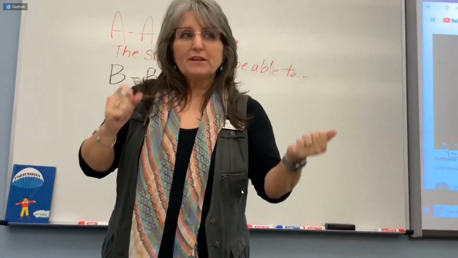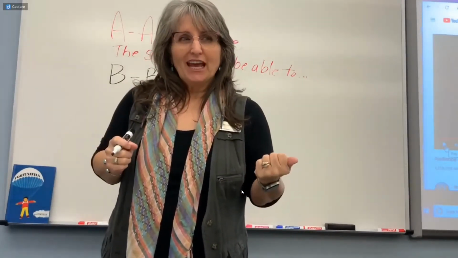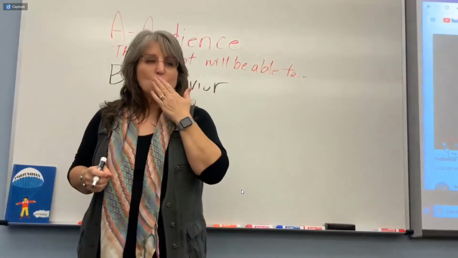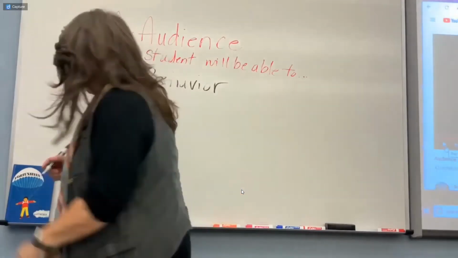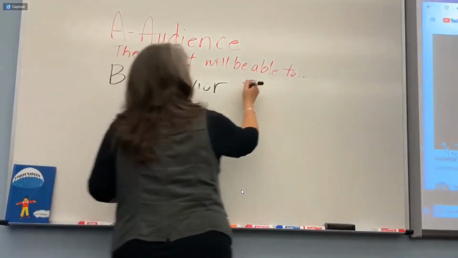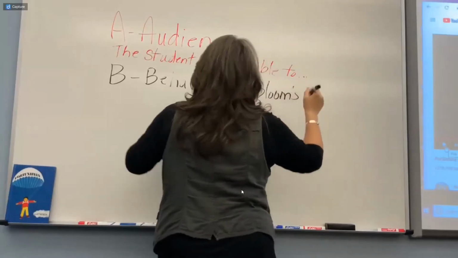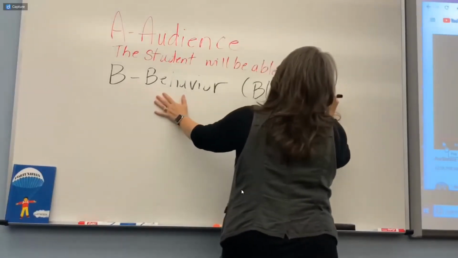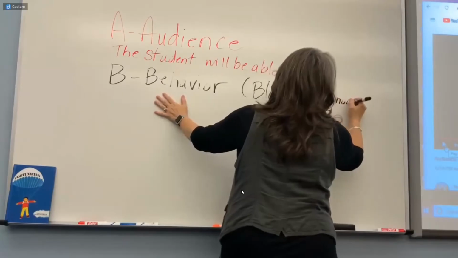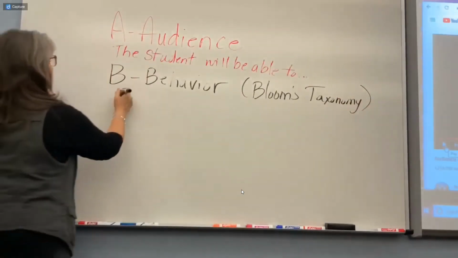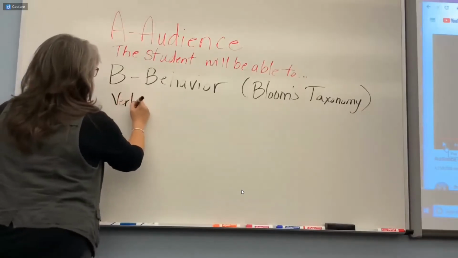So who is the theorist that we learned about for that? Benjamin Bloom. Excellent. That's right. Kiss your brain. Benjamin Bloom. So we're going to use Bloom's taxonomy to help us with our verbs for our behavior. Bloom's taxonomy, our behavior. These are going to be our verbs.